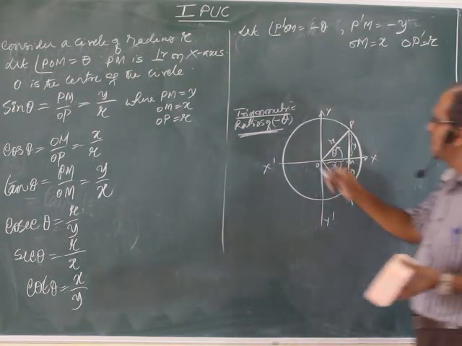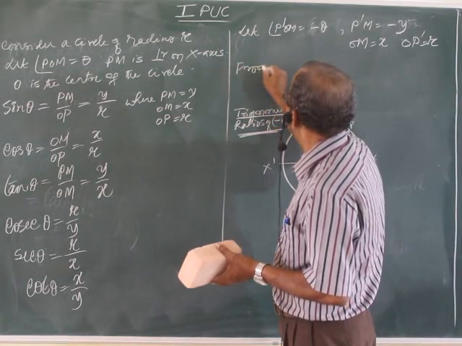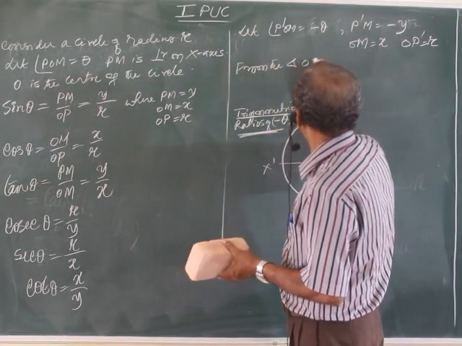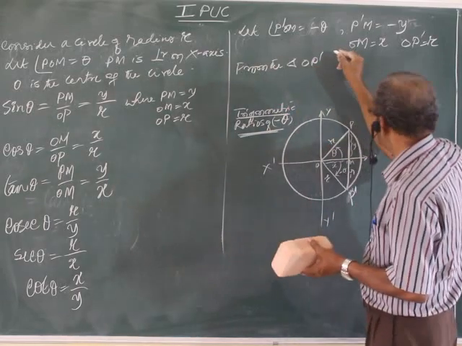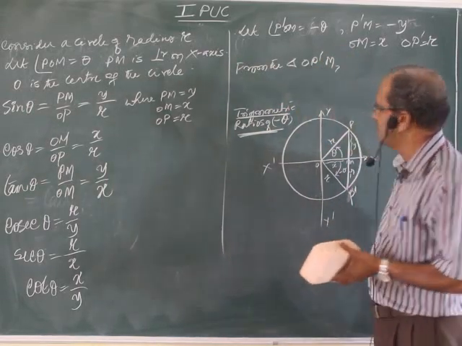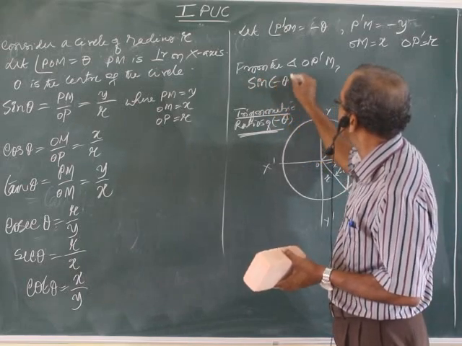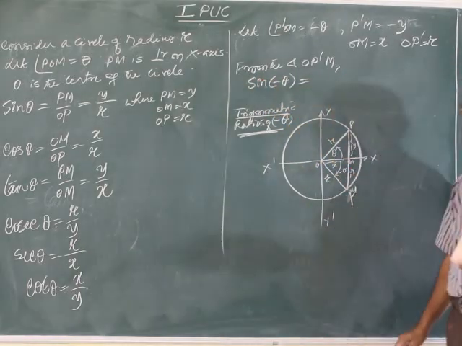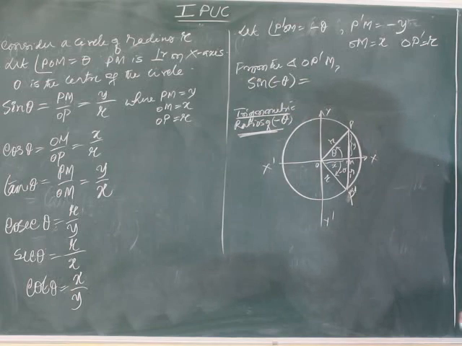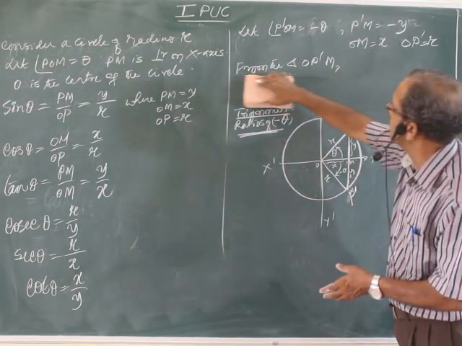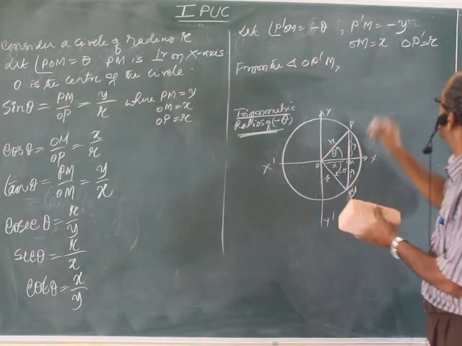Right? From the triangle OP dash M, write one by one. Sine of minus theta, careful. What is sine of minus theta? Let me write on the right hand side, lot of space is here.